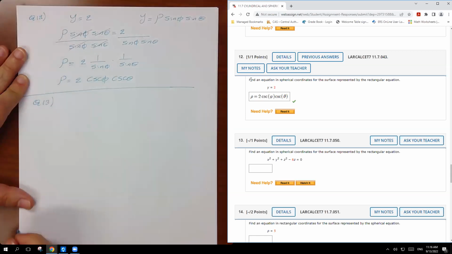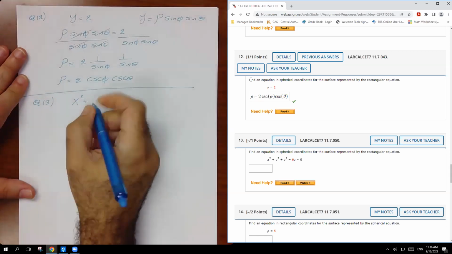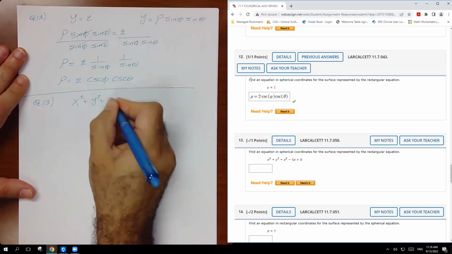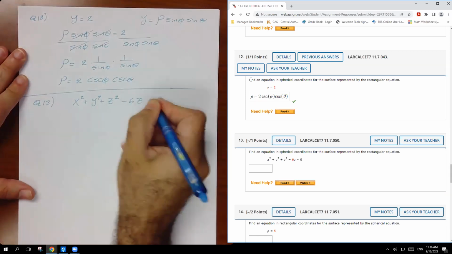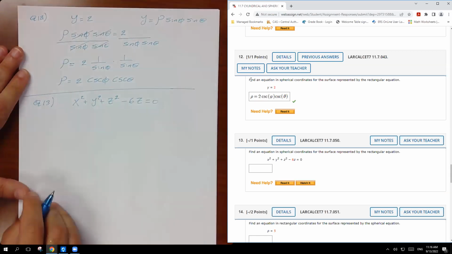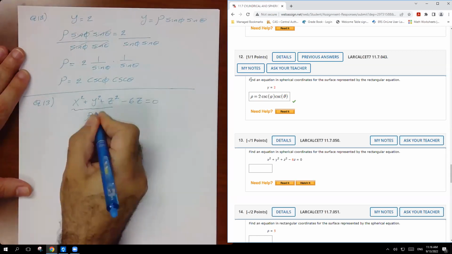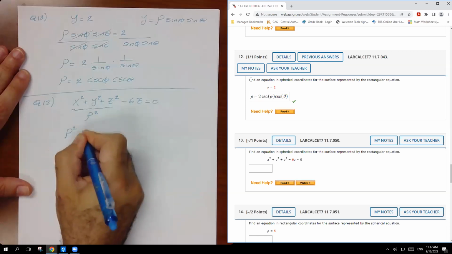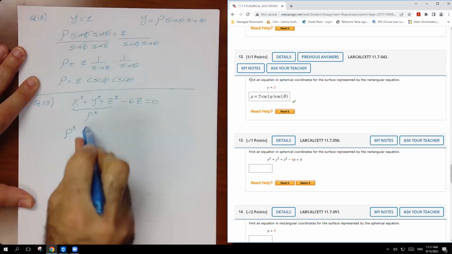So this one is x squared plus y squared plus z squared minus 6z equals 0. If you look at this part here, it is rho squared. That means rho squared minus 6z equals 0.